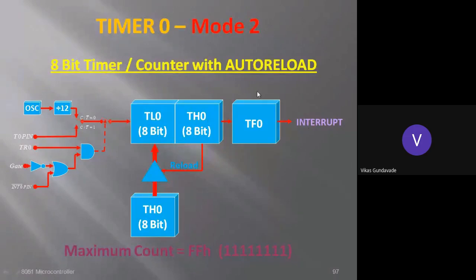And when the interrupt is generated, at the same time, the count which is available in TH0 will get auto reloaded into the TL0. Okay. So initially, the count loaded into TL0 and TH0 is the same in auto reload mode. When TL0 overflows, the interrupt is generated and the count is again reloaded into the TL0 from TH0.